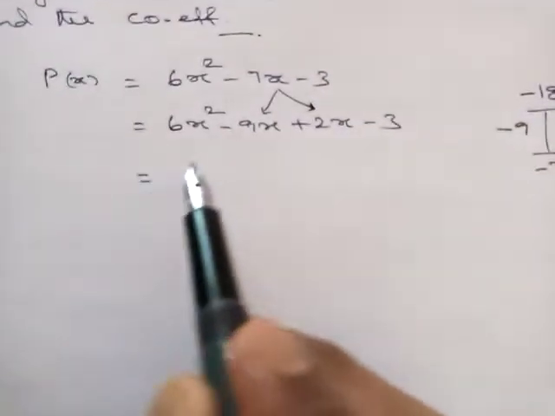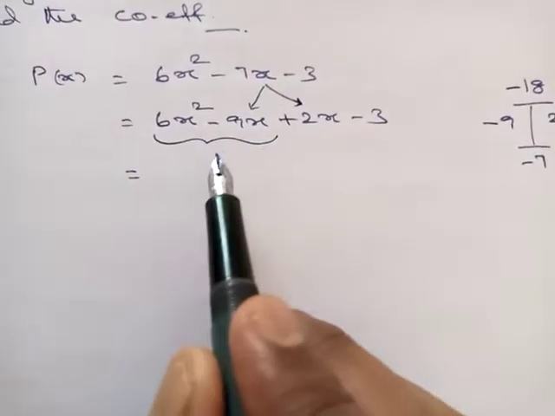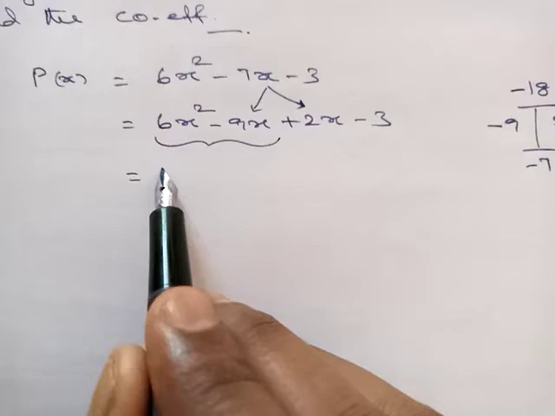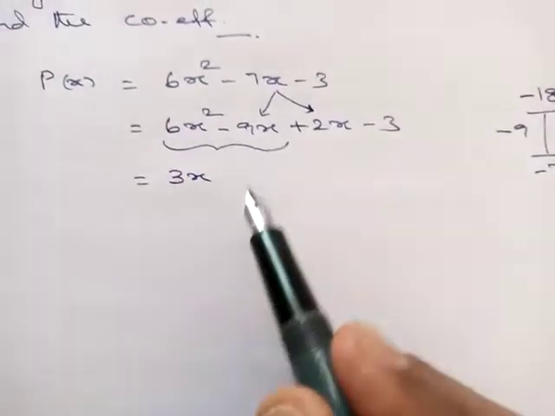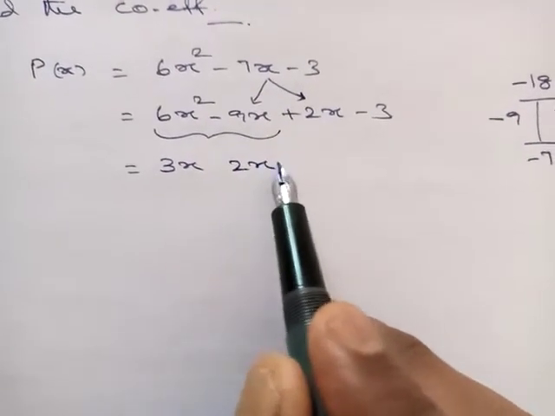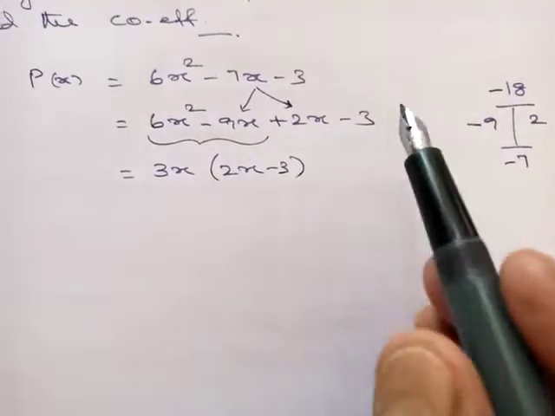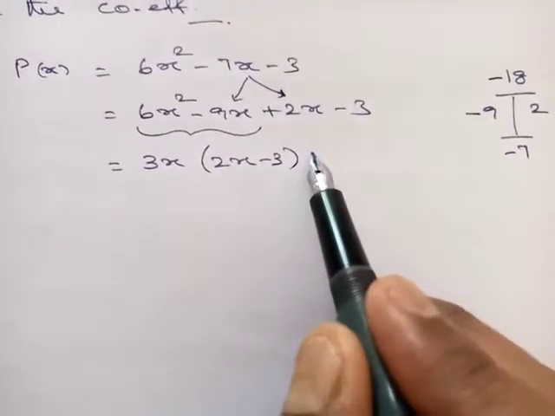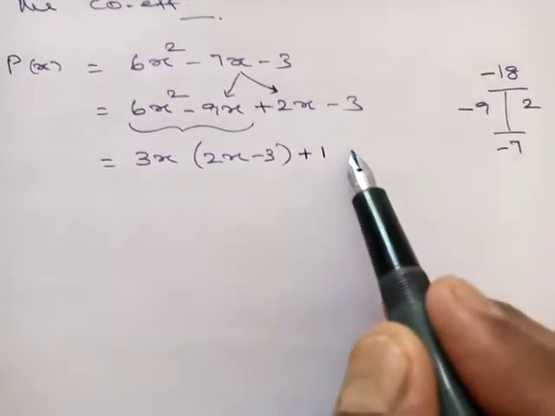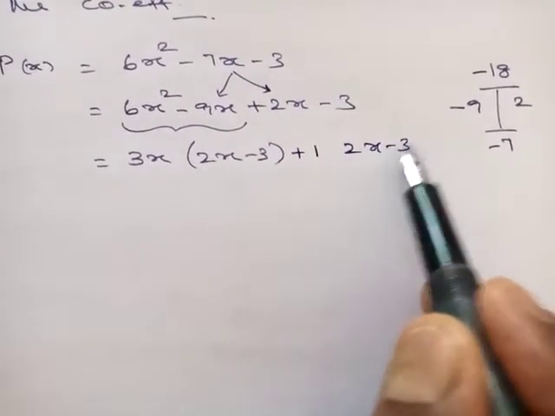This middle term −7x is split into −9x + 2x. Next one. From the first two terms, what can we take outside as a common? 3x we can take out. What will be remaining? 2x − 3. The same 2x − 3 is here. So from the next two terms I am taking +1 outside, and 2x − 3 as it is will come.